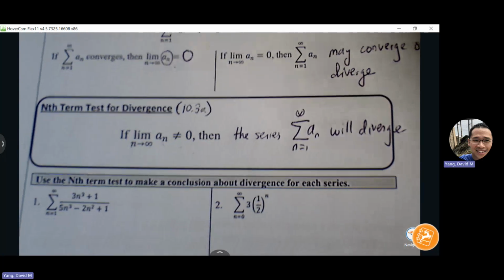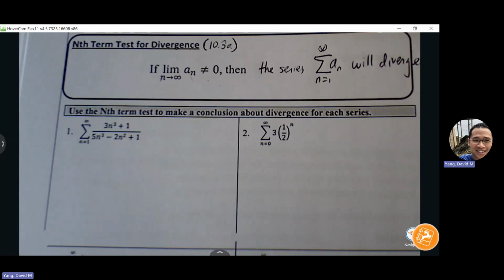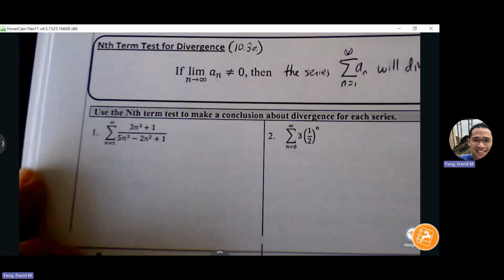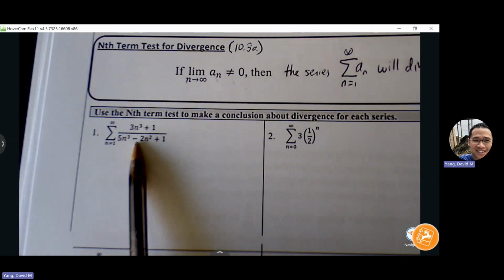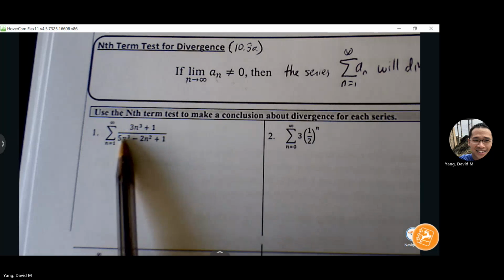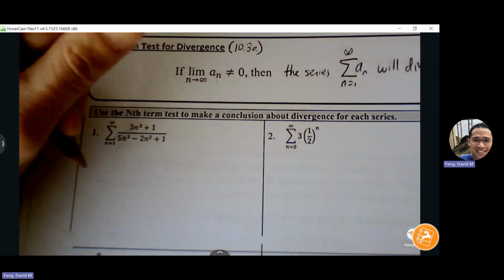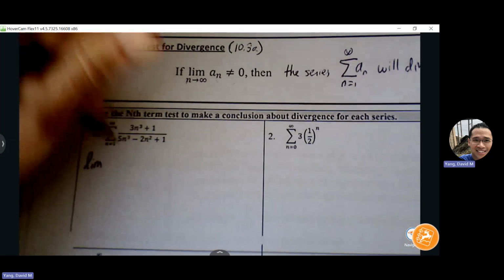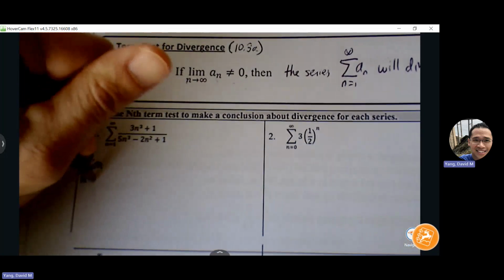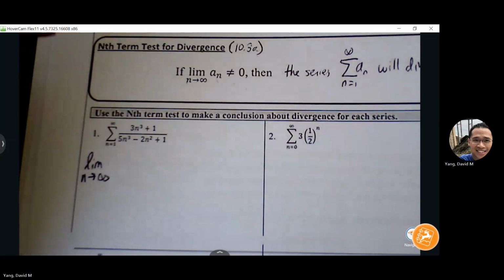Okay, so let's look at number 1 here. It says use the nth term test to make a conclusion about the divergence for each series. So here we have a rational function, and rather than looking at other tests, we choose the nth term test. So the nth term test just says, okay, I'm just going to look at the rule of sequence. Is my rule of sequence approaching 0?